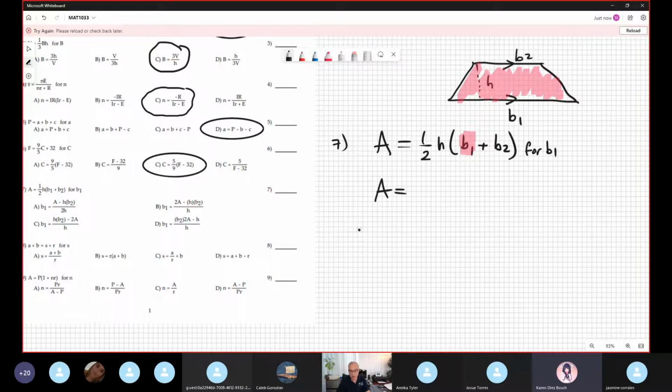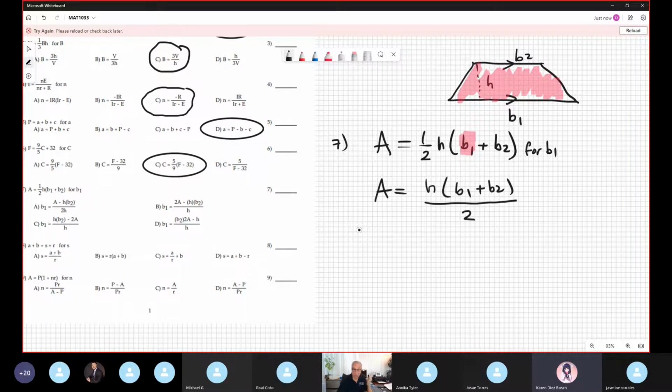If you want to transform the formula a little bit, you put A equals h(b1 + b2) divided by 2, because remember, multiplication by 1/2 is equivalent to dividing by 2. But for me, it's more comfortable to manipulate this because I can apply cross multiply.